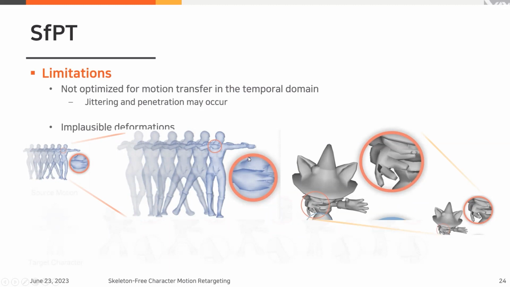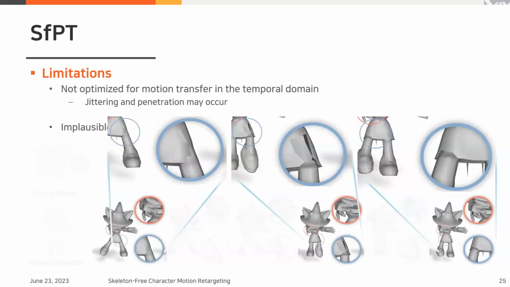The source is parallel, but the target motion is deformed with some kind of rotation. And because the deformation and translation of each body part are learned independently, it also fails to preserve local motion interdependence. So these kinds of penetrations can occur.